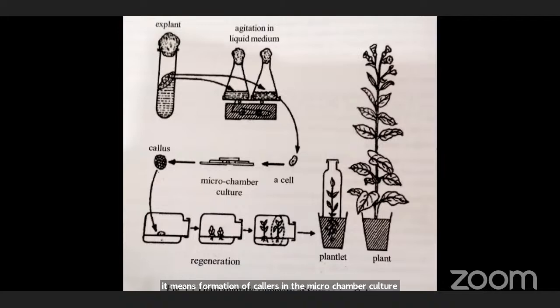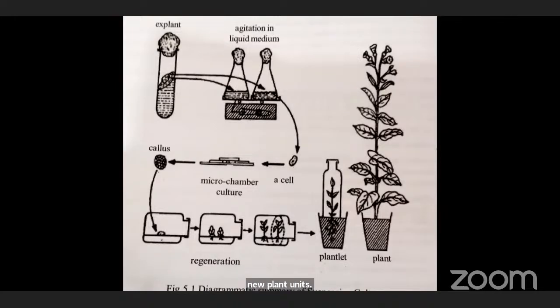Now this callus is transferred into another nutrient culture media. In this nutrient culture media, by the application of phytohormones such as auxins and cytokinins in different concentrations, the callus cells divide and produce organs, and these organs further develop into new plantlets.